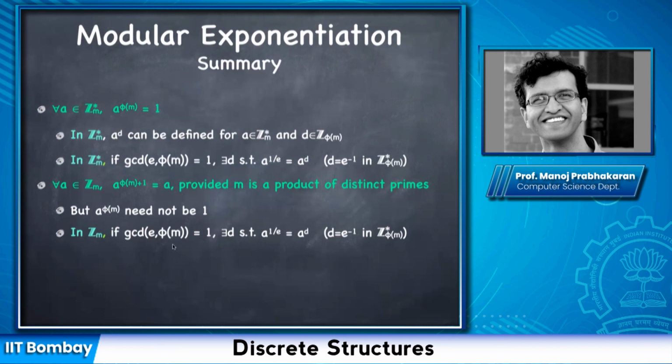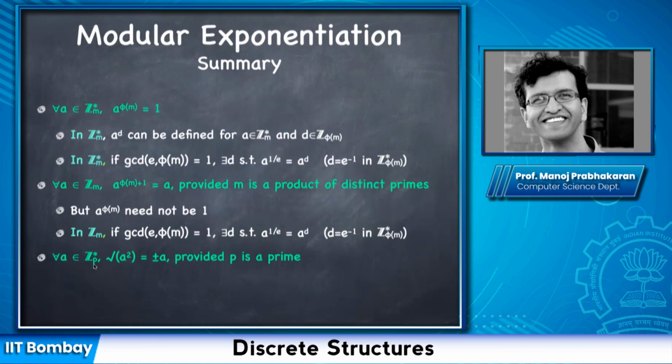Now that argument excludes the case of E equal to 2 because phi m is even, so E equal to 2 will not satisfy this condition. So we looked at that separately, as one of the interesting examples where this doesn't apply.